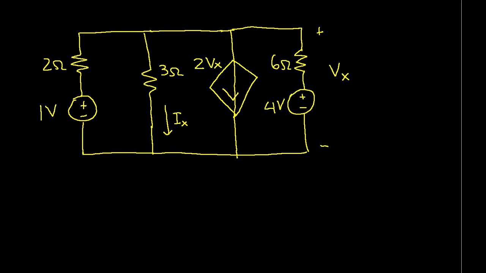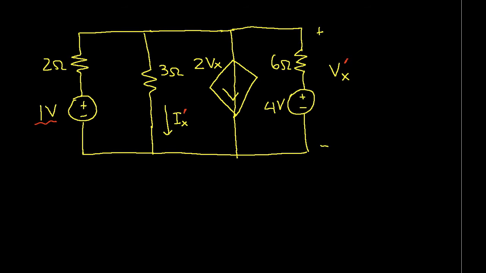So we'll bring up a clean copy of the circuit. Again, we will find the response due to this 1 volt source, and so in this case this will be Ix prime, this will be Vx prime.